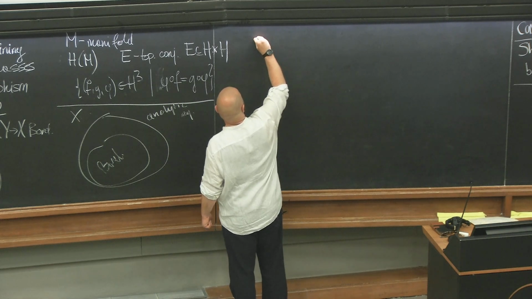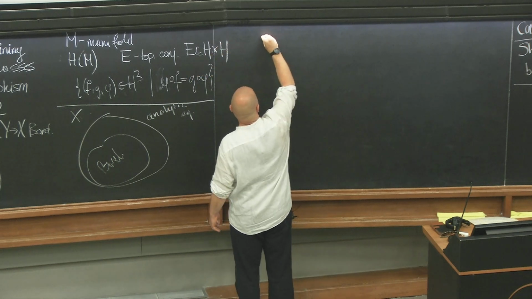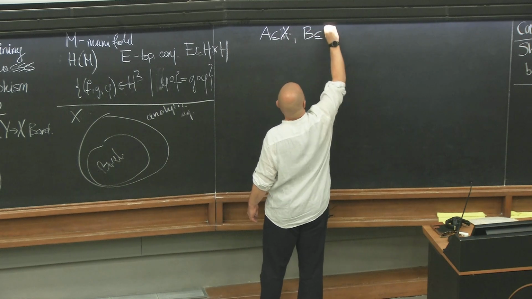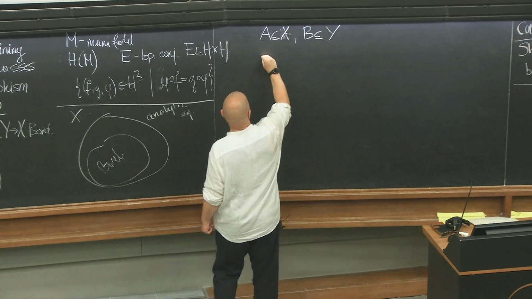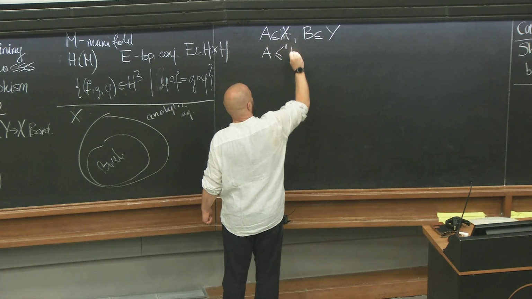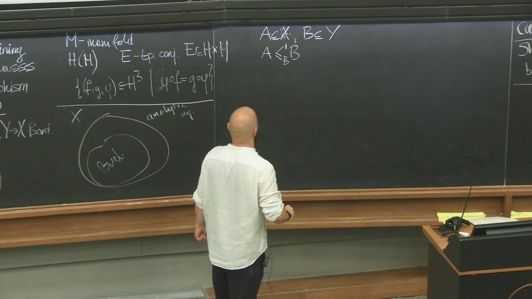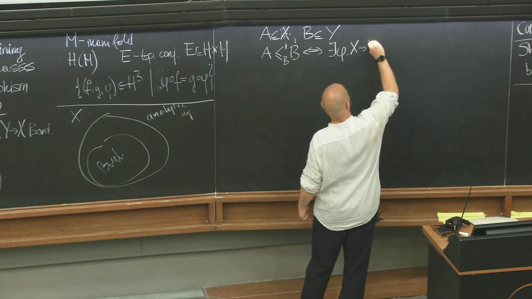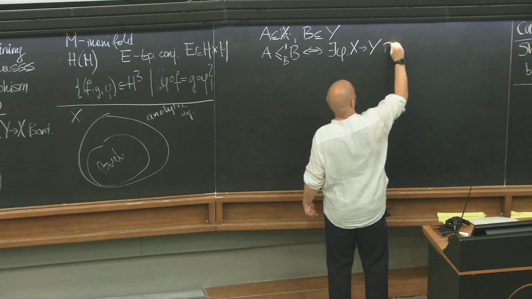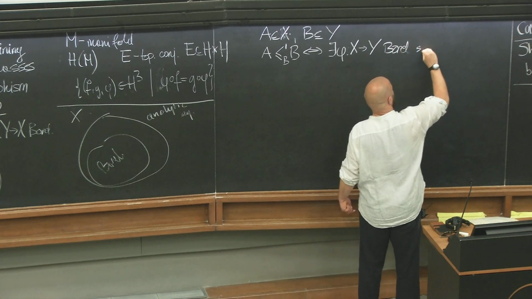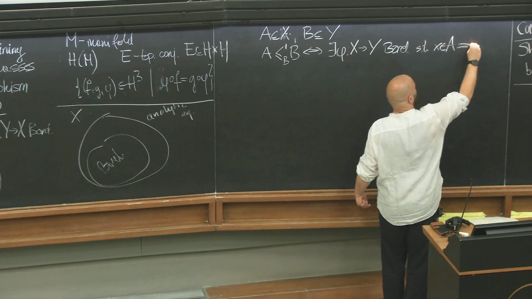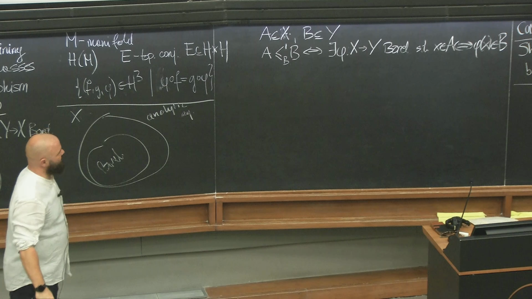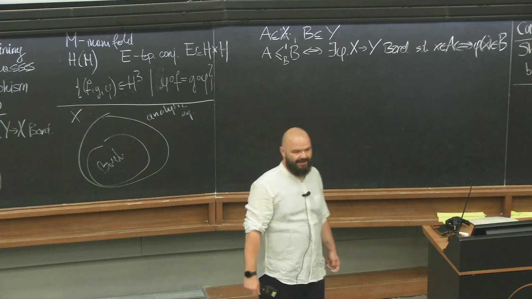So now we say that in our setting, in those Polish spaces, A contained in Polish space X, B contained in Polish space Y, we say that A is Borel reducible to B, I will use prime because it's a little bit different relation, if and only if there exists phi from X to Y Borel such that x belongs to A if and only if phi of x belongs to B. Which simply means that the preimage of B through phi is A, okay?